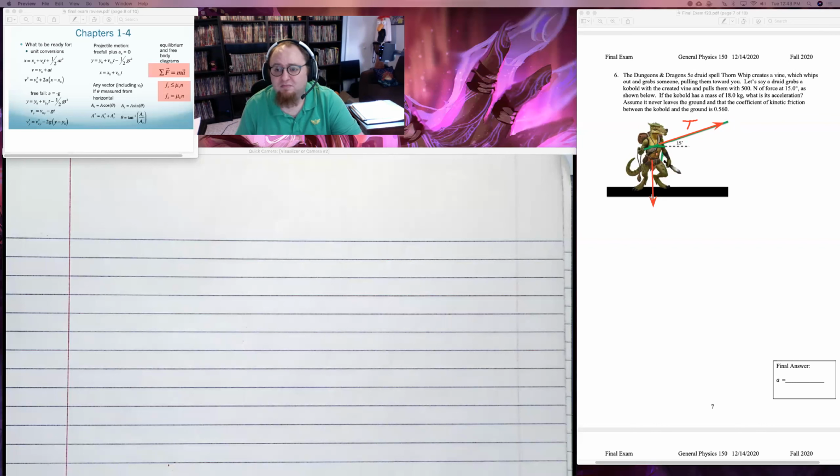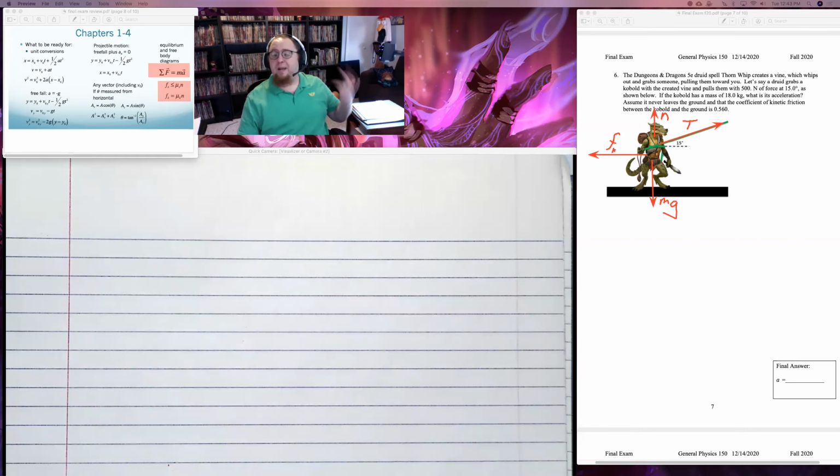There's gravity. He's on the ground, so there's a normal. And I say assume it never leaves the ground. That's the coefficient of kinetic friction, so there's friction: normal, mg, and friction. It'll be kinetic friction because they're being pulled.